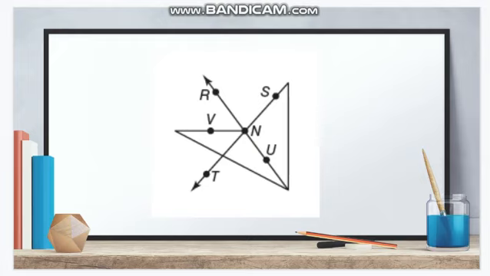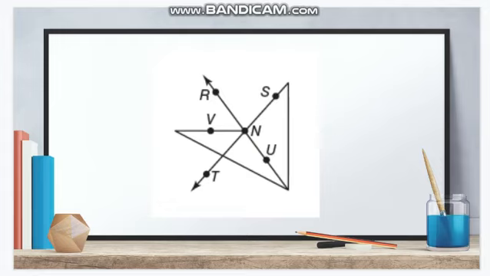The correct answer is going to be SNU. SNU and UNT use SN and NT, and S, N, and T are all collinear. They all make up line ST. So we know that SNU and TNU are going to be supplementary.